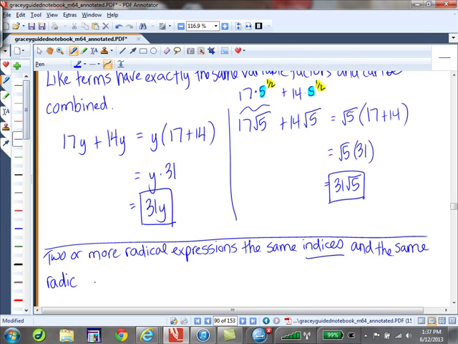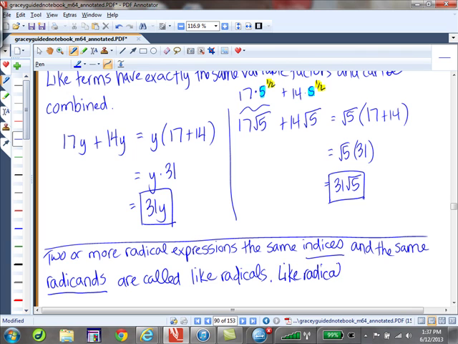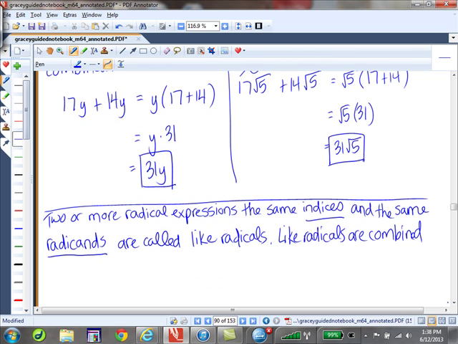So the same index on the radical and the same expression inside the radical. These are called like radicals. Like radicals are combined exactly the same way that we combine like terms.